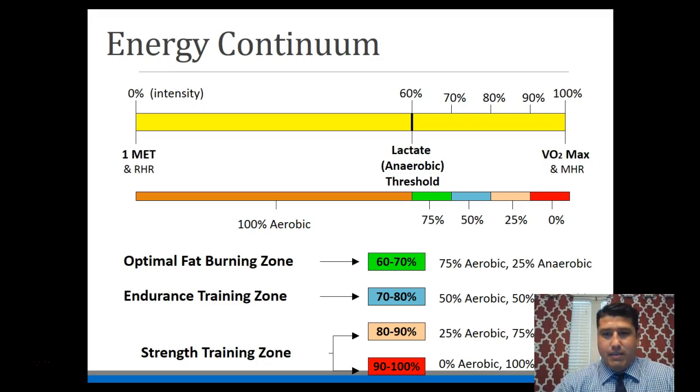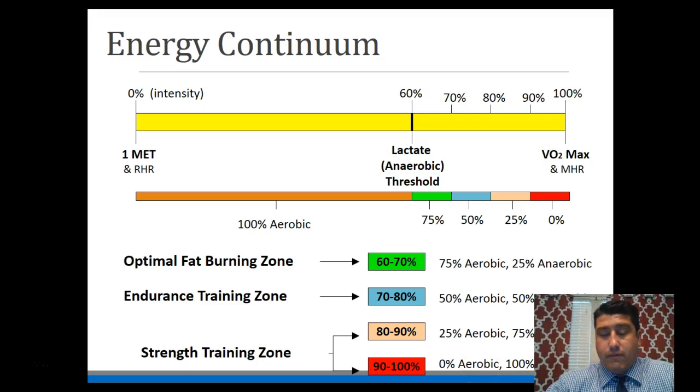is consistent. Okay, so in other words, you rely less and less on oxygen, or you're less and less able to utilize oxygen to maintain physical activity as the intensity increases.